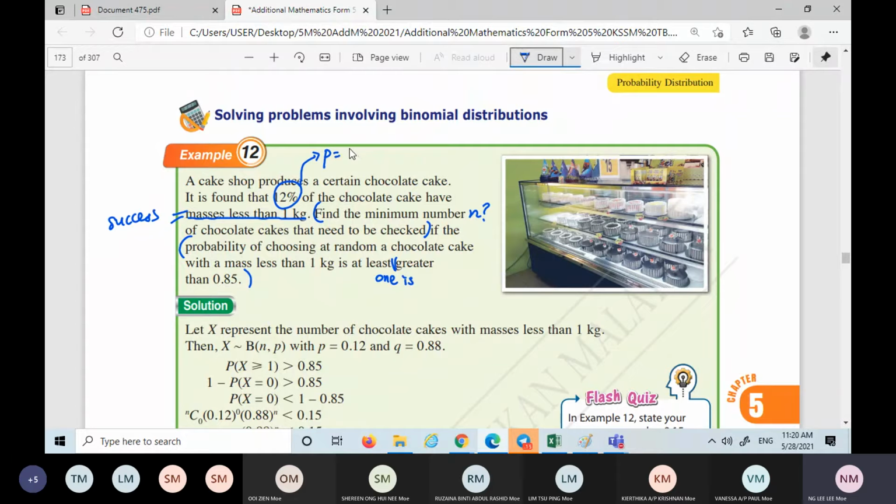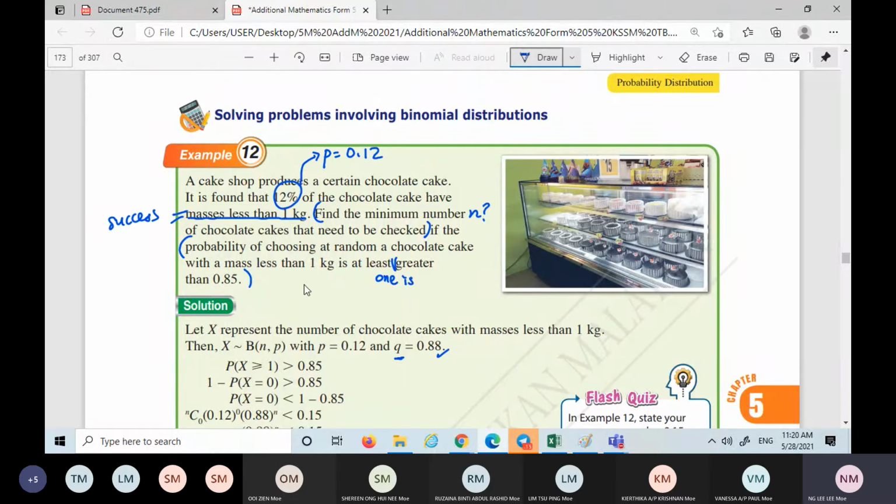So 12% changed to decimal is 0.12. Therefore the q is 1 minus p, so 0.88. This is a binomial distribution, so you can write in this way. X represents the number of chocolate cakes with masses less than 1 kg.